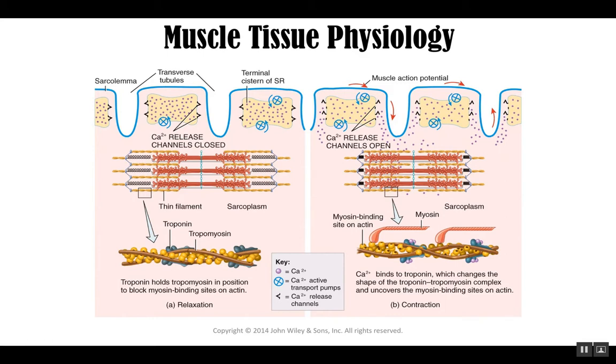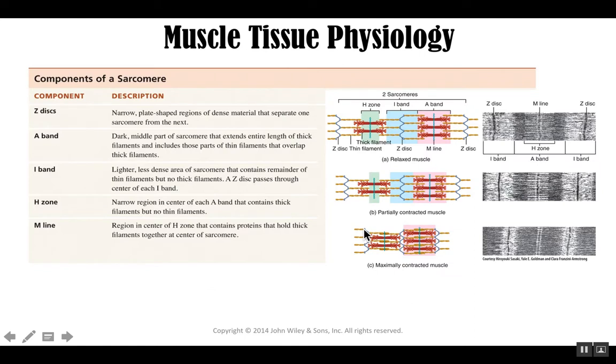So to best understand the roles of calcium, the sarcoplasmic reticulum, transverse tubules, troponin, and tropomyosin, what you can do is just compare a relaxed state versus a contracted state. The next few slides are all kind of a review.